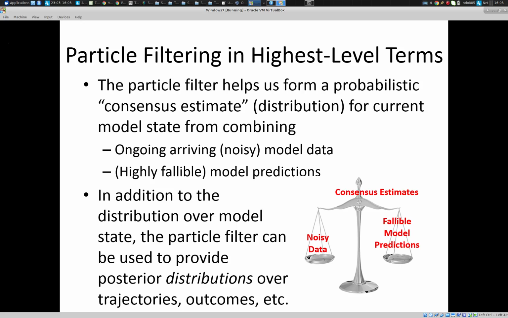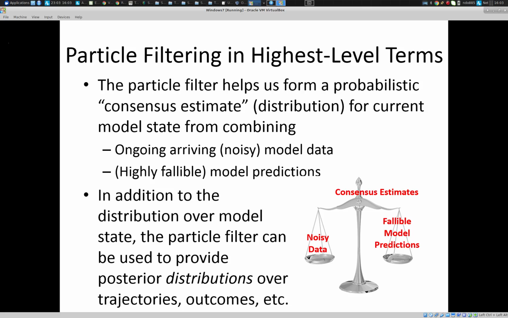So this particle filter is going to allow us to sample from, that is to draw potential, to articulate a non-parametric distribution over the model state, the current, how many people are there in these different categories, for example.